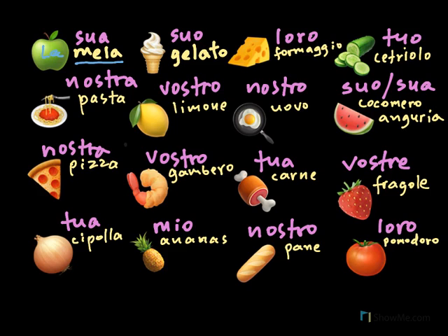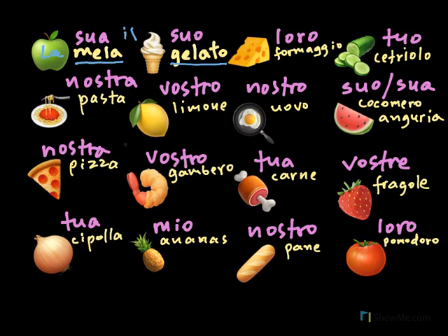Yeah. Next one, you have suo gelato. And gelato is masculine. So you will put here different article. It will be il suo gelato. Remember that il, definite article, refers to the masculine noun gelato. And suo, the adjective, follows the noun as well.